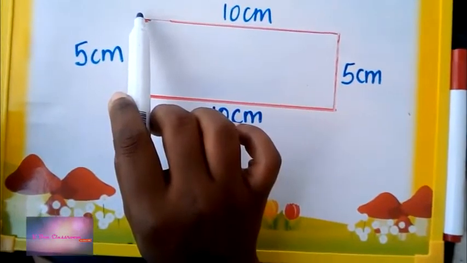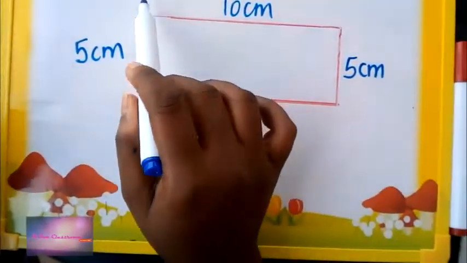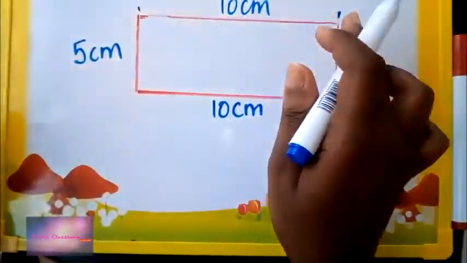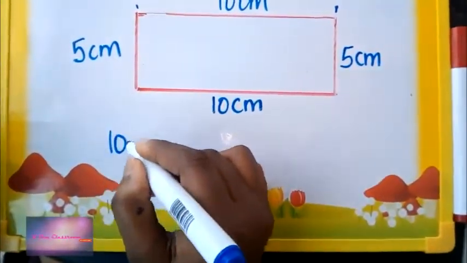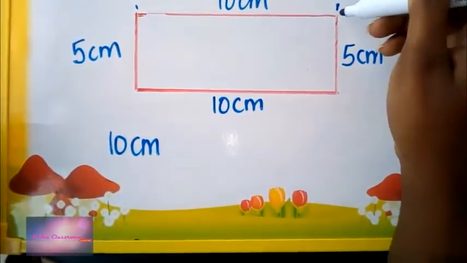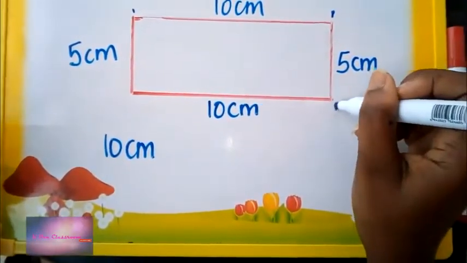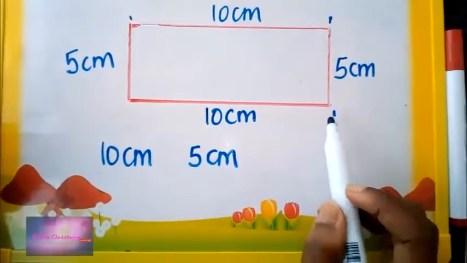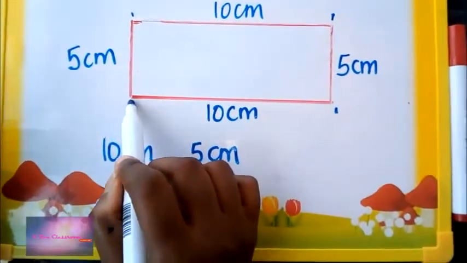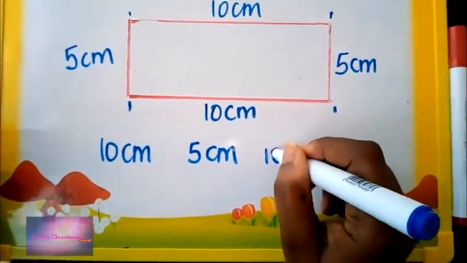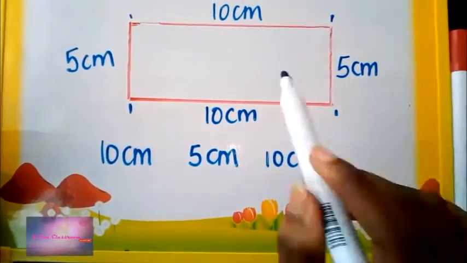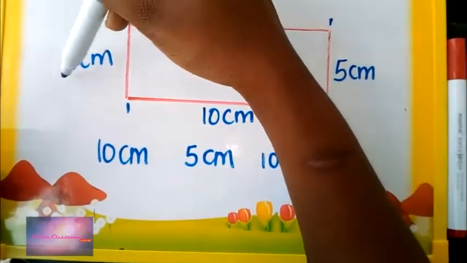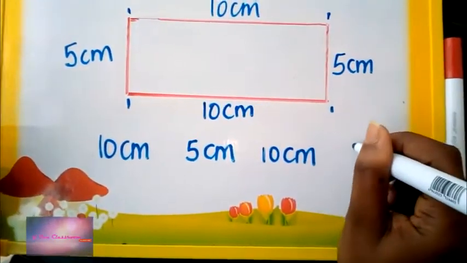So what do you think that we will do? If I travel from this point to this point, I would have traveled 10 centimeters. If I travel from this point to this, I would have traveled 5 centimeters. Now if I travel from this point to here, I've traveled another 10 centimeters. And if I travel from this point to where we started initially, then I've traveled one more 5 centimeters.